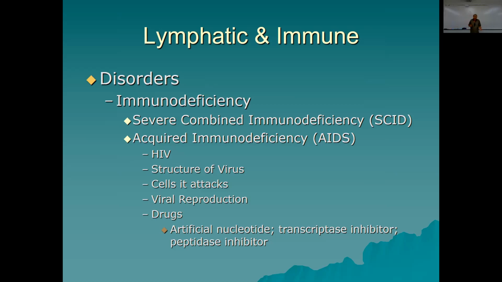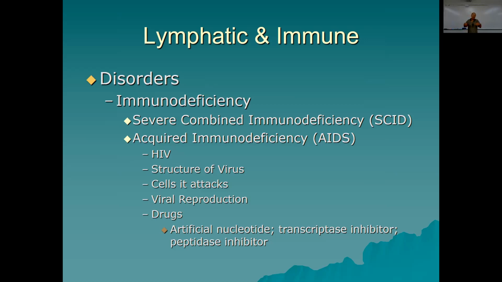So what the virus has is an enzyme called reverse transcriptase that makes DNA from RNA, which we don't do. We make DNA from DNA. We don't make DNA from RNA. But the viral enzyme in the viral particle does make DNA from the RNA, then it can use that DNA to make more of its own RNA.